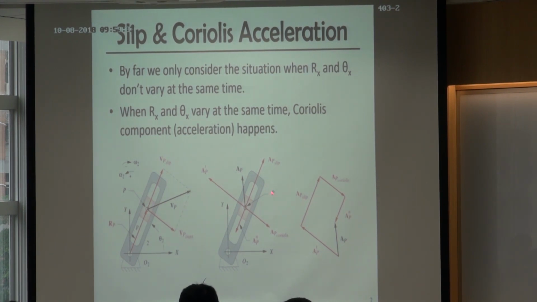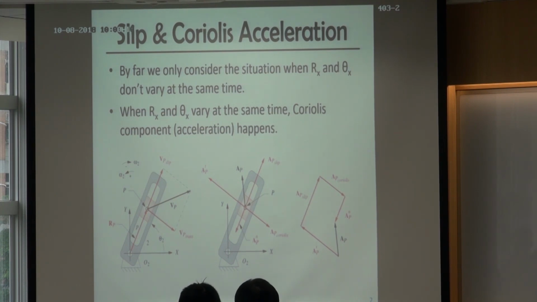There's a tangent component and a slip or sliding component, a Coriolis component, and a normal or centripetal component. The combination of these 4 components will be the resultant acceleration of point P. So for the analysis, there won't be much difference, but we will have more components to figure out, which makes the analysis more complicated.